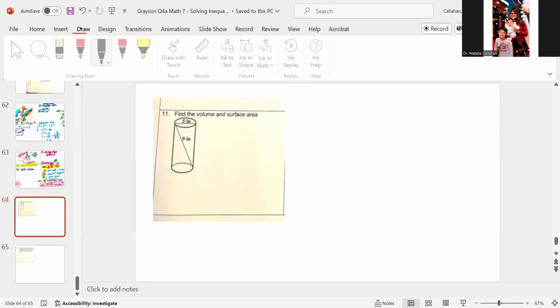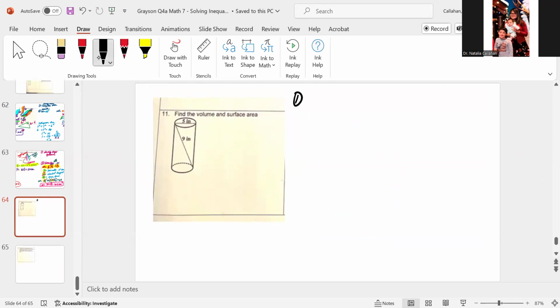First step, what do we do? First step is identify the shape. Yep, classify the shape. Do you have another card? We're going to be using a lot of them.